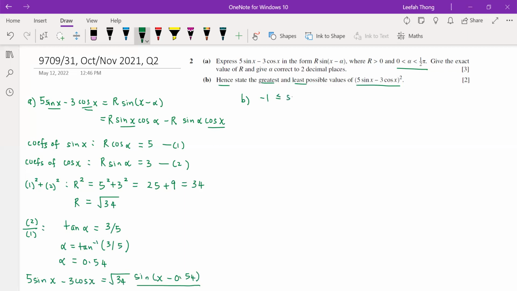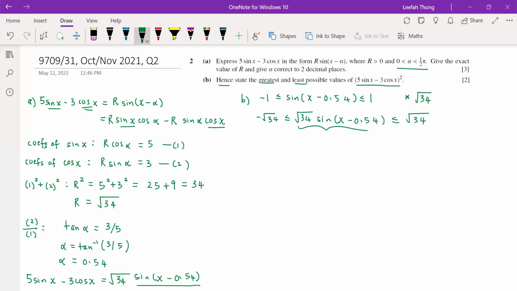We know that sine has a minimum value of negative 1 and a maximum value of 1. So sine of (x minus 0.54) is between negative 1 and 1. We have square root of 34 multiplied throughout. Negative square root of 34 is less than or equal to square root of 34 sine of (x minus 0.54), which is less than or equal to square root of 34.